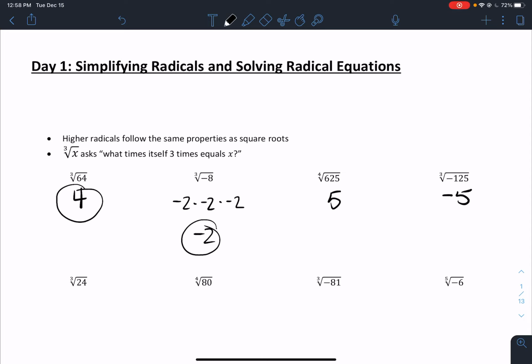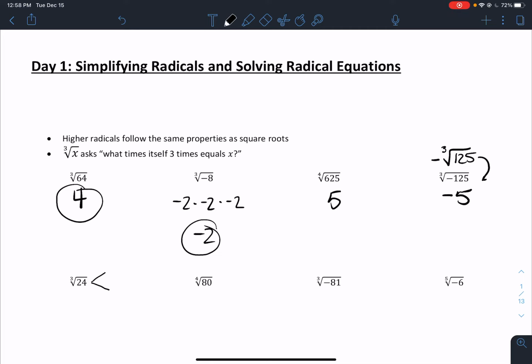In fact, the negative can kind of come out if you want, so you can treat this as like the negative cube root of 125 and go from there. The reason why you can do that is because you can split this up into the cube root of negative 1 and the cube root of 125, and you know the cube root of negative 1 is negative 1.